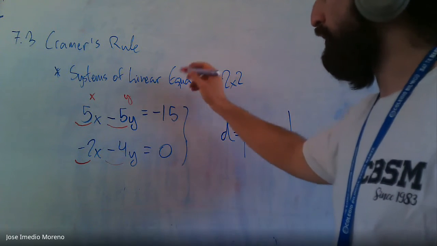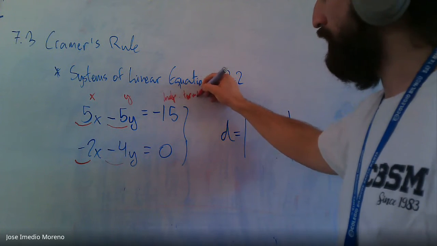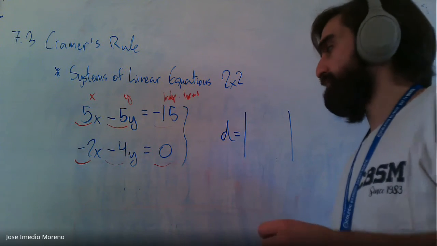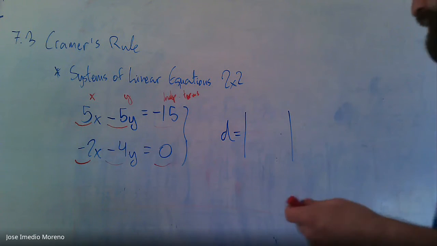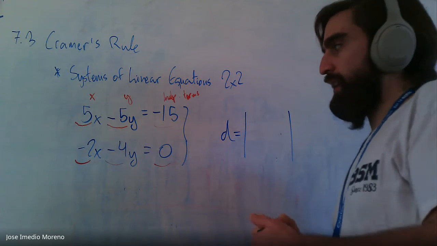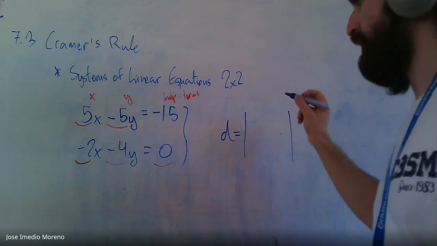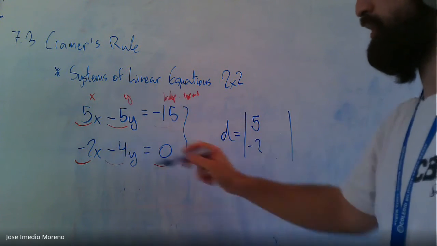And in this one, we have the independent terms, which are minus 15 and 0. We're going to use those three columns to build our determinants. So the determinant D is composed of these two columns, the coefficients for x and the coefficients for y.